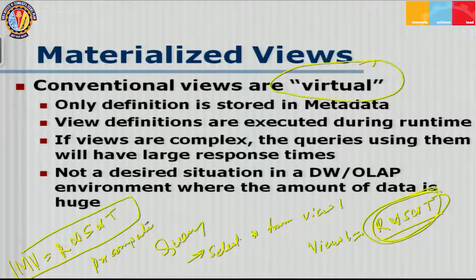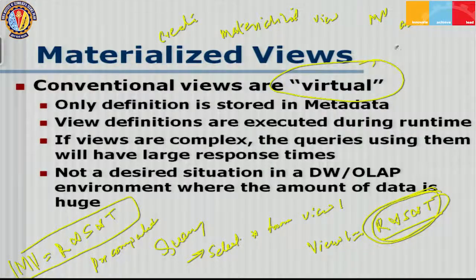When I put the word materialized in front of a view, so instead of saying create view, I'll use the DDL create materialized view, whatever, say MV, as select star from R, S, T. Okay, so this basically tells me that I'm trying to join these three relations as in the view, right?